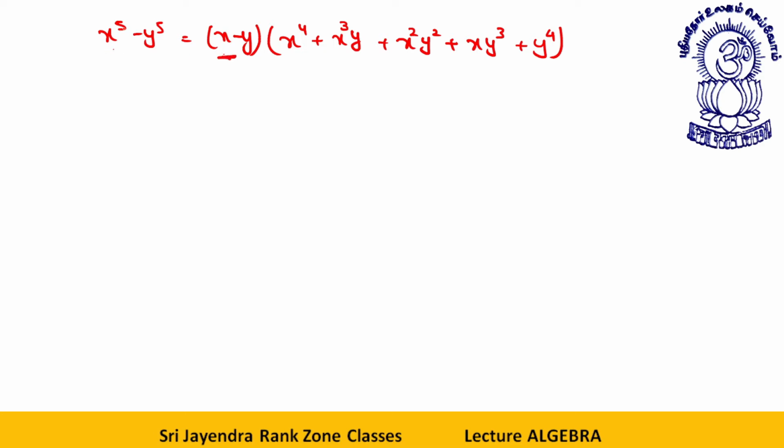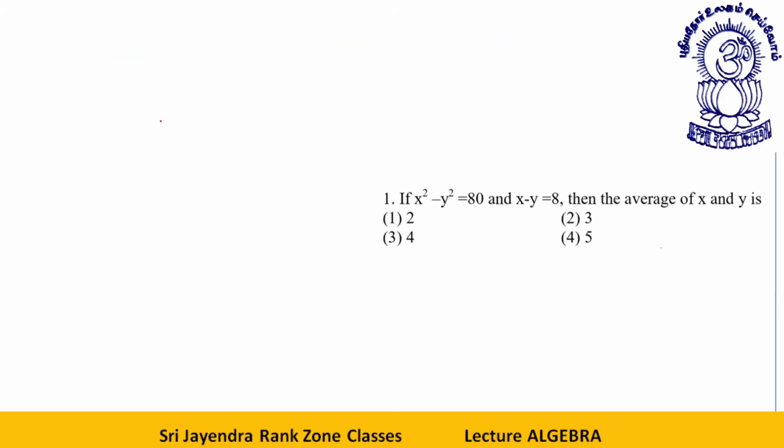The maximum power is 5, so here it is 1 less than 5, that is 4. The sum of all the powers will be 4 over here: 1 plus 3, 4, 2 plus 2, 4, 1 plus 3, 4. This is again 4. So this is how the formula goes. You have got the formula? Yes, you have got the formula. Now you can do any sort of question which comes based upon these formulas. Fine.